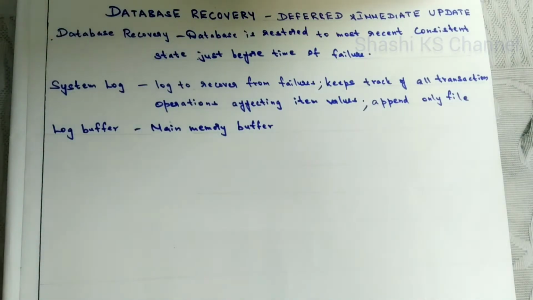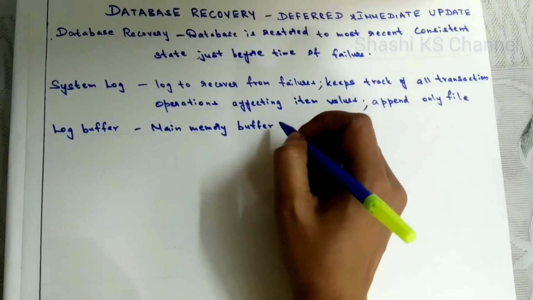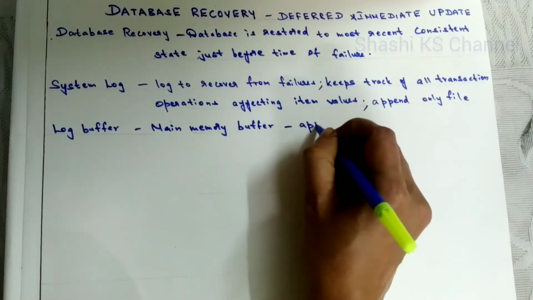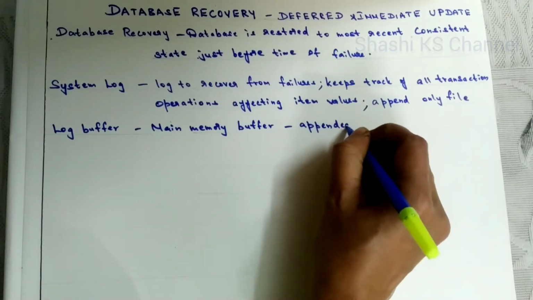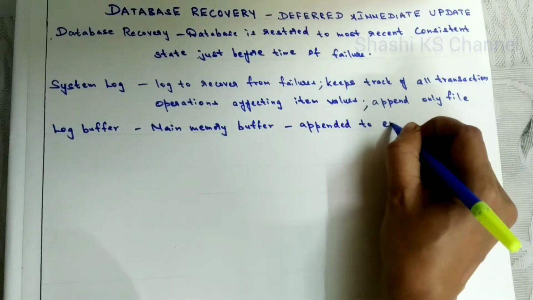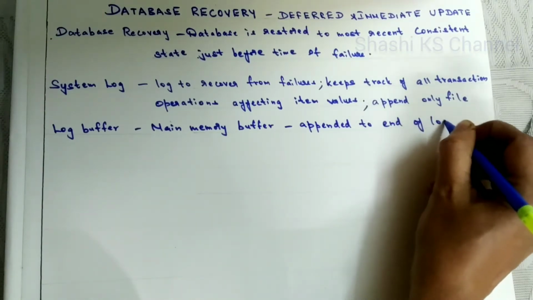Log entries will first be added to this log buffer. Whenever the log buffer is filled, its contents will be appended to the end of the log file on the disk.